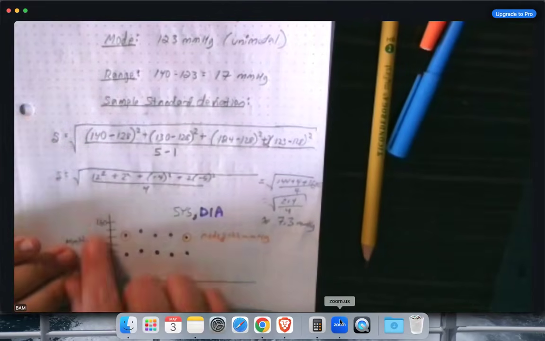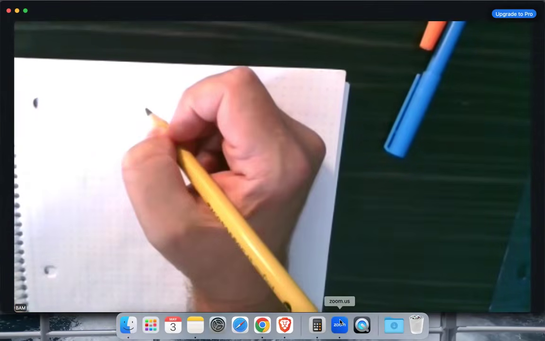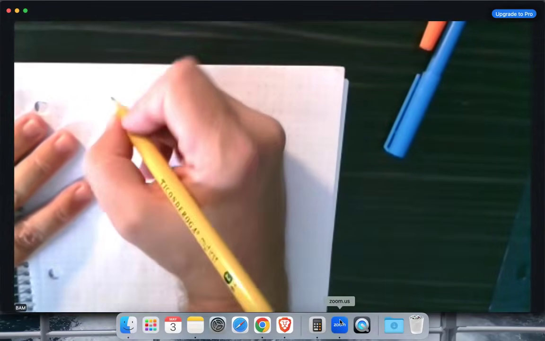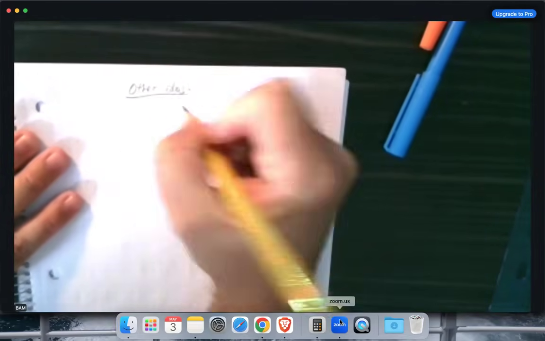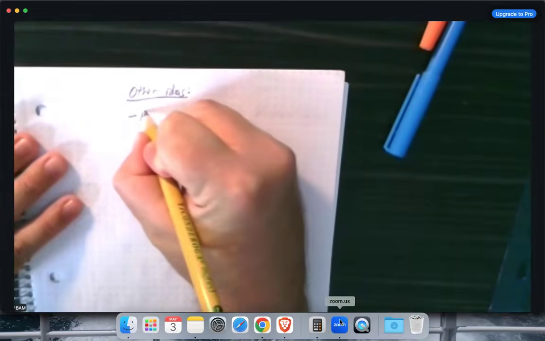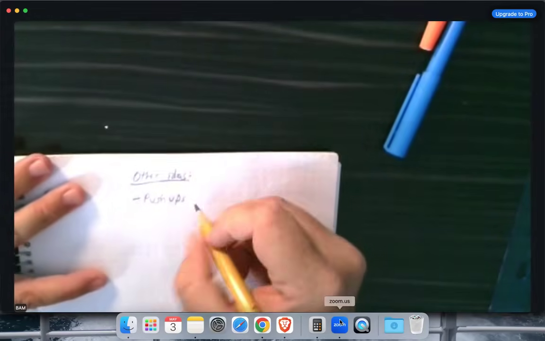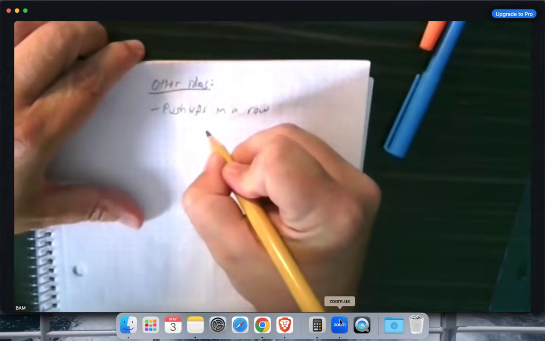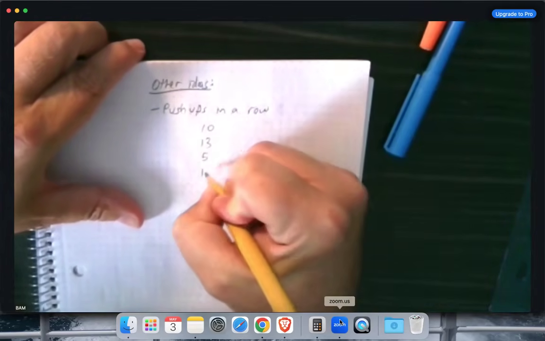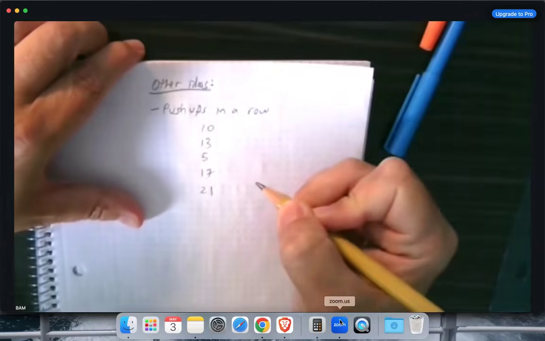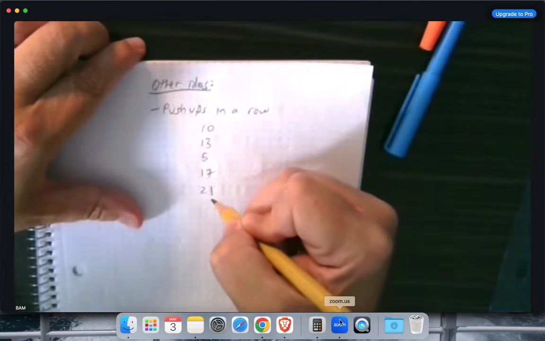I could also analyze the rate, but before I let you go, let's brainstorm some other ideas for you guys instead of blood pressure if you don't have a blood pressure machine or something. So you could do how many push-ups you can do in a row. So maybe you do 10 and then 13 and then 5 and then 17 and then 21 or something. That's 5 pieces of data.